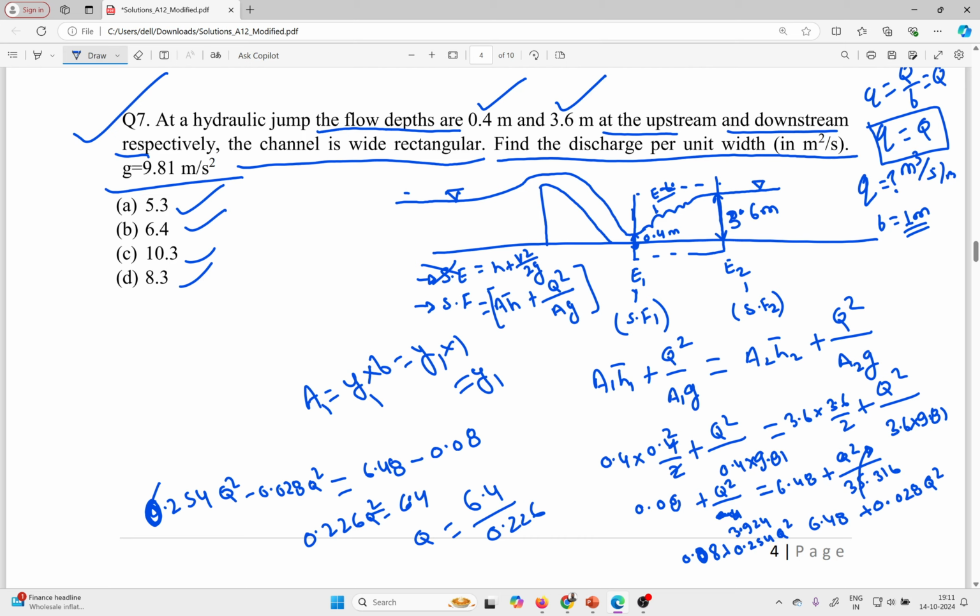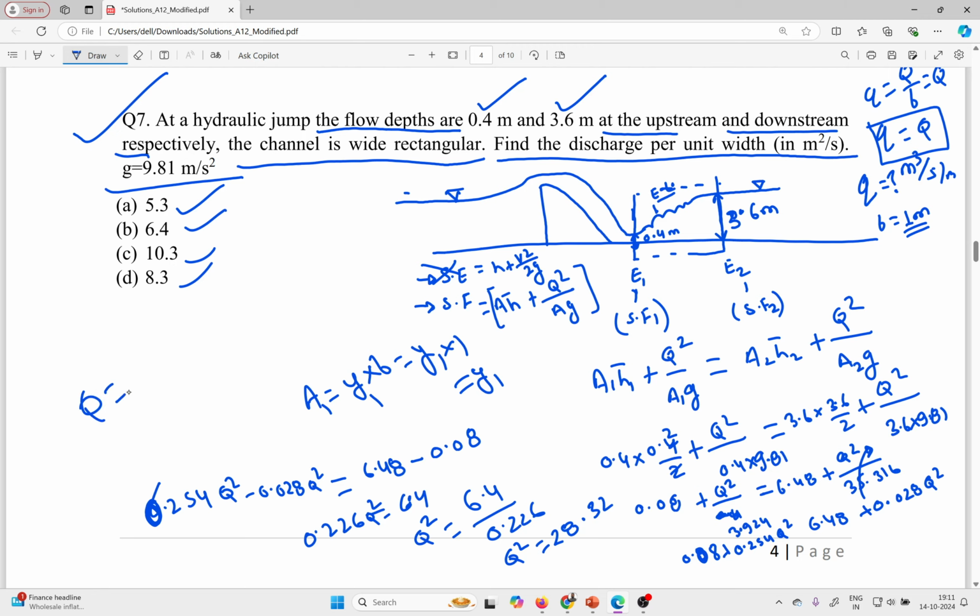6.4 divided by 0.226 will come 28.32. Q square is equal to 28.32. Now Q is equal to how much? If you take the square root, it will come around 5.3.